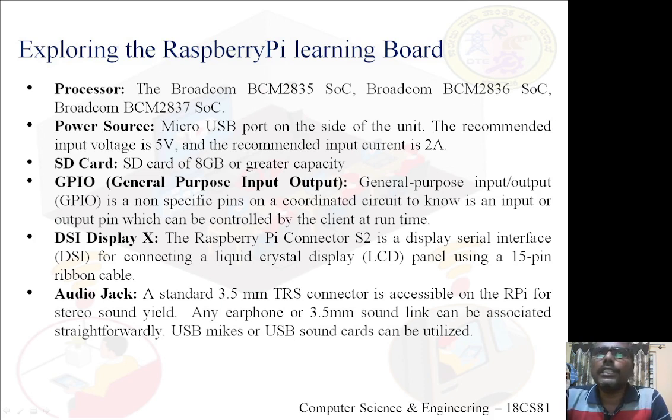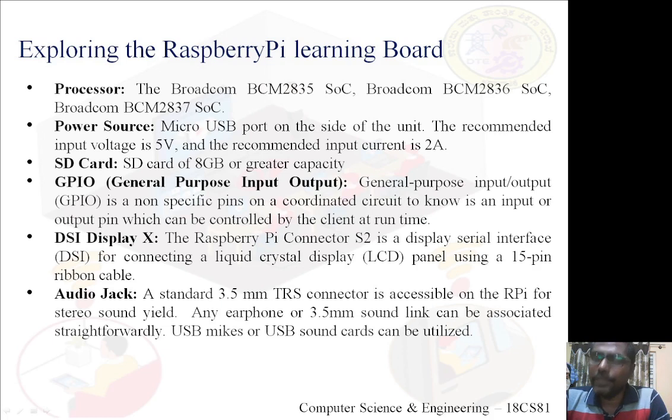Okay, next the SD card to which I am going to load an operating system. It should be at least 8 GB capacity. So GPIO we have seen. DSI display, for connecting an LCD panel.